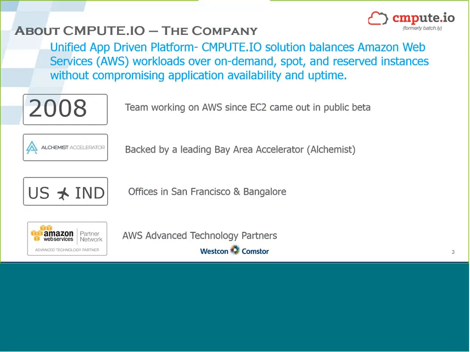And Cmpute IO have offices in San Francisco and in India. So that's interesting how they're expanding into that area. And they are an AWS Advanced Technology Partner. So they're very experienced in the AWS platforms.